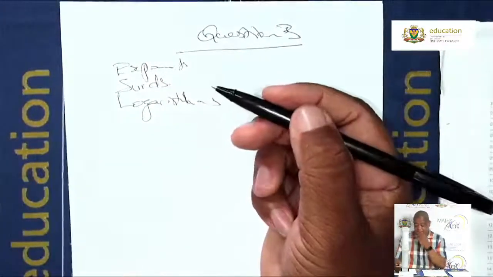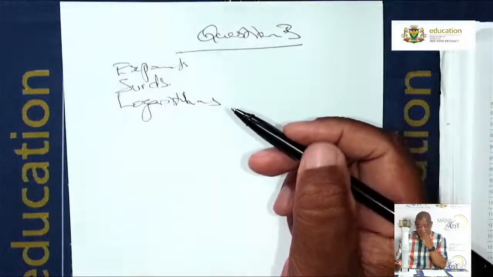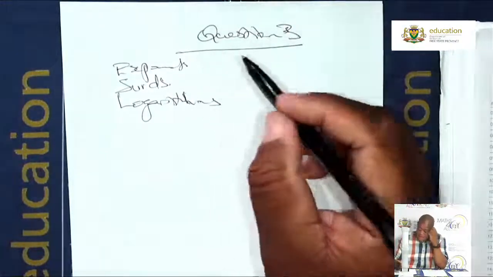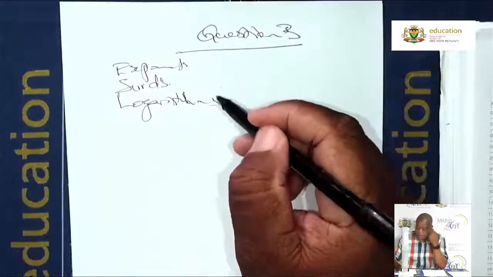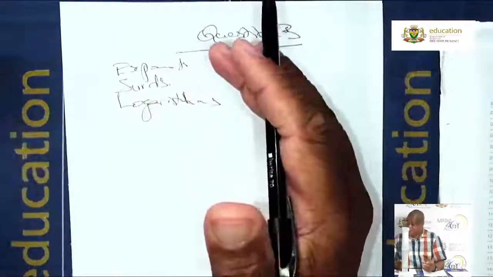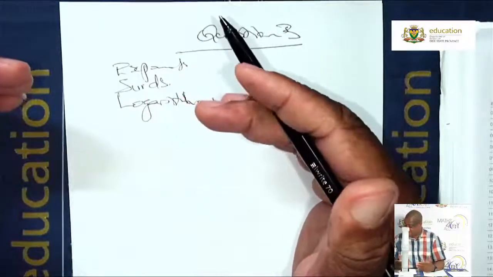Exponents, sets, as well as logarithms. So that question, let's understand that it carries, like we said, plus or minus 17 marks.